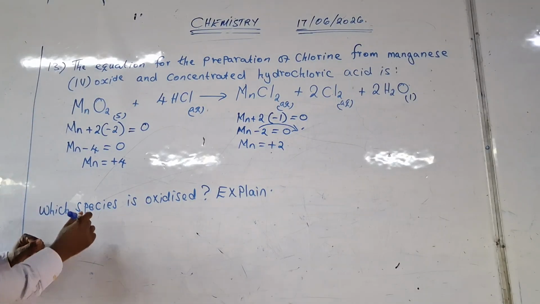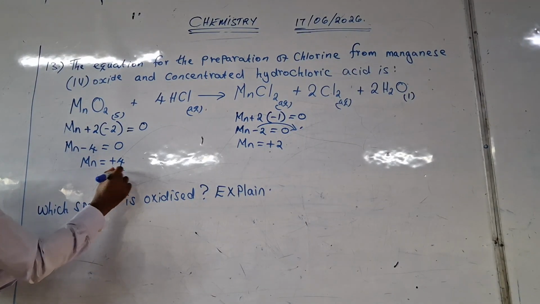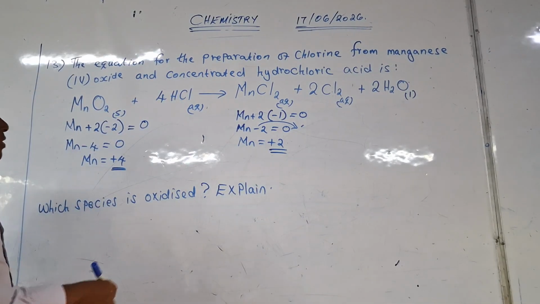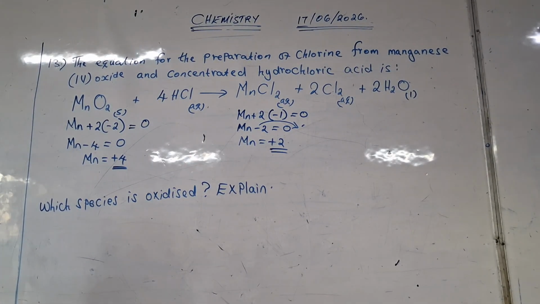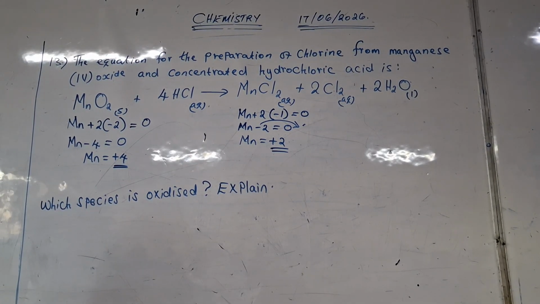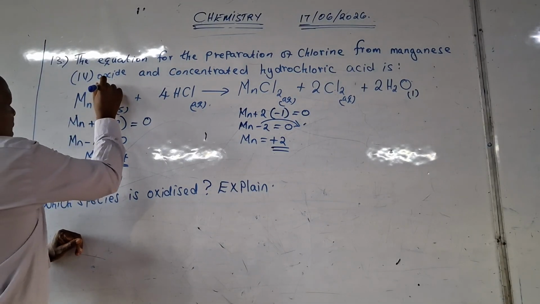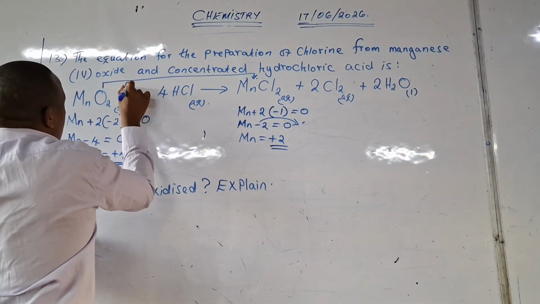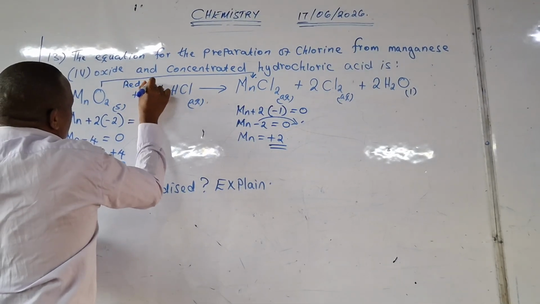So what has happened to the oxidation number of manganese here? +4, and here +2. What has happened to the oxidation number? It has become reduced. So manganese(IV) oxide here has undergone what? Reduction.